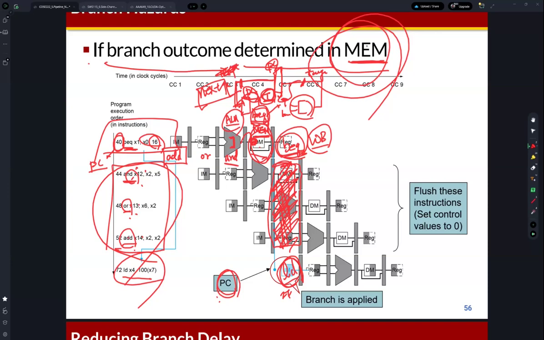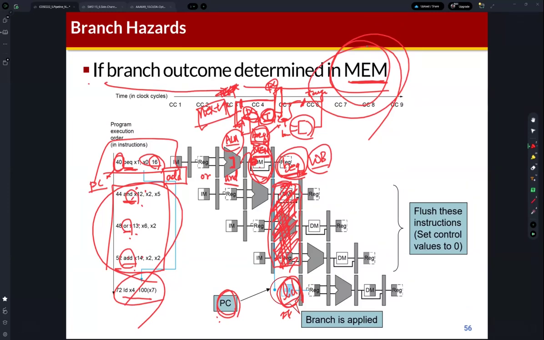Okay. So the problem is that because the branch is resolved late, many cycles are wasted. Then how can we solve this issue? If the branch is resolved earlier, then we can reduce the performance drops. So we can reduce the number of instructions cancelled by a taken branch.